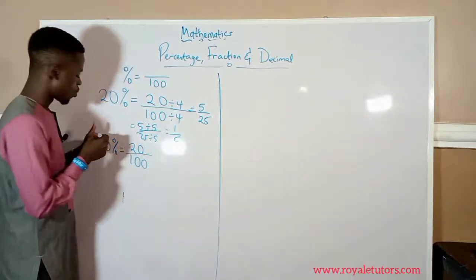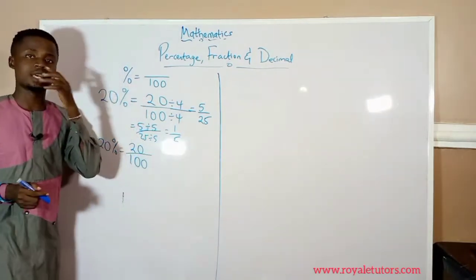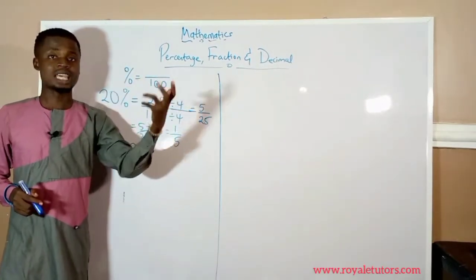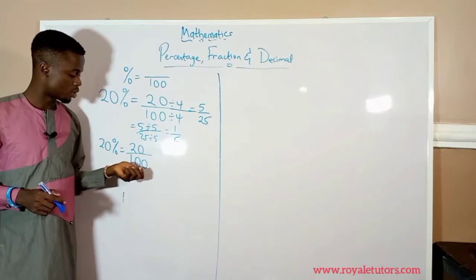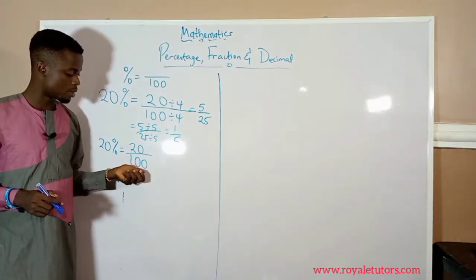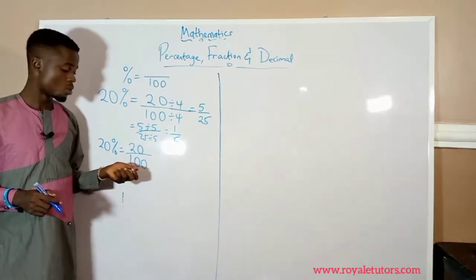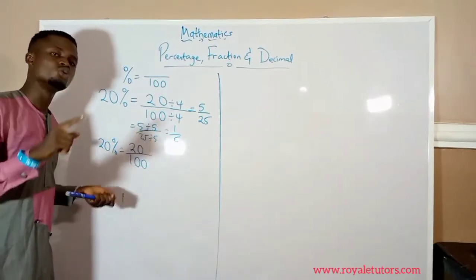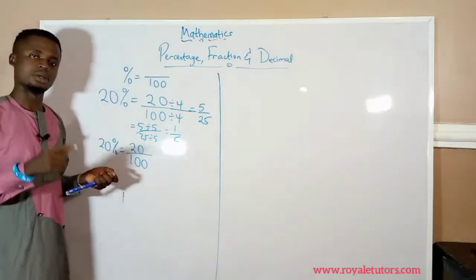How do you do it? Whenever you are dividing by powers of 10, that is when you are dividing by 10, 100, 1,000, 10,000, 100,000, 1,000,000, all you need to do is shift the decimal point.